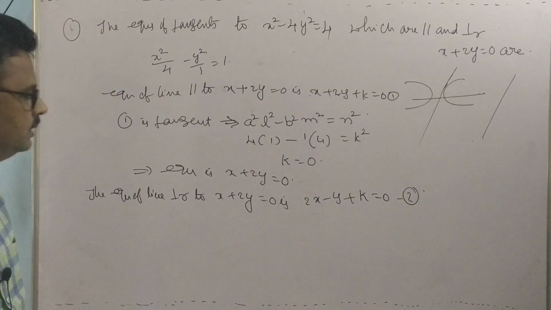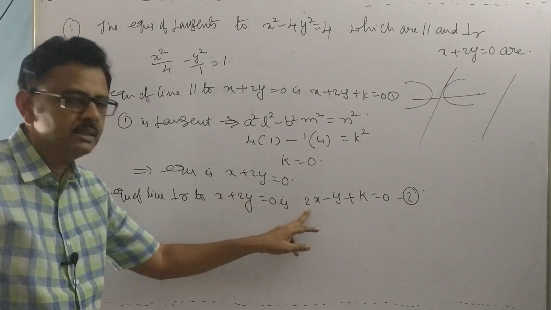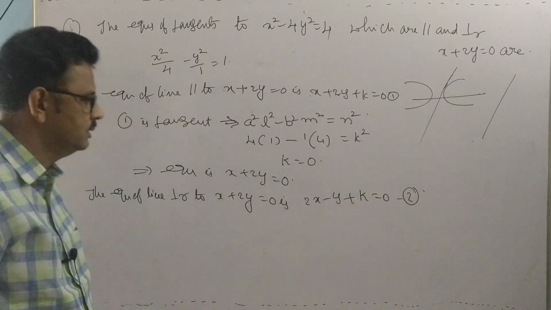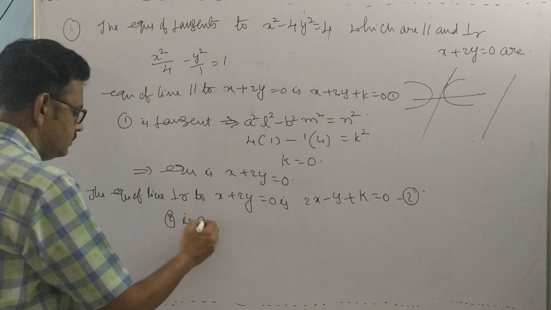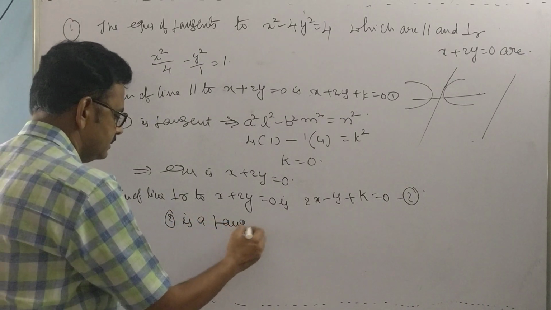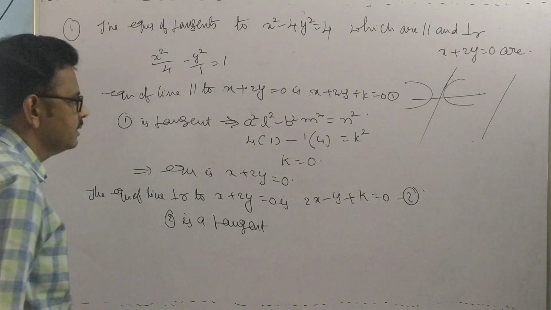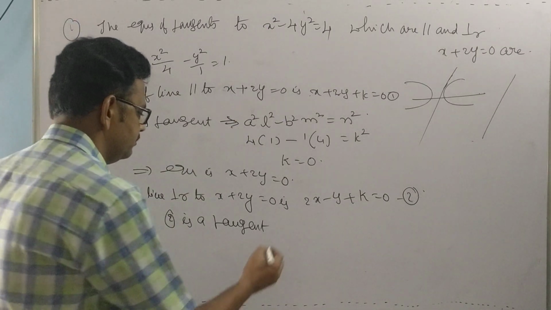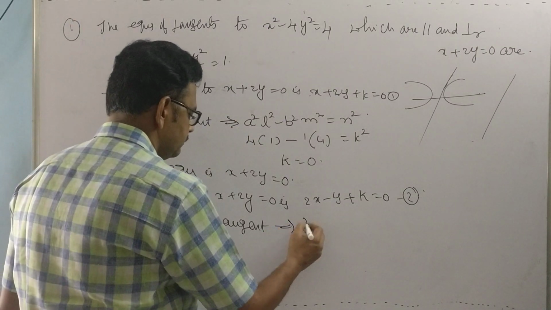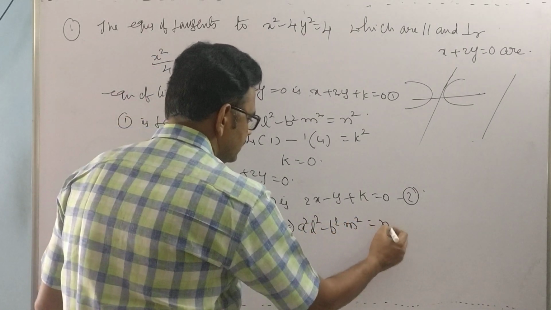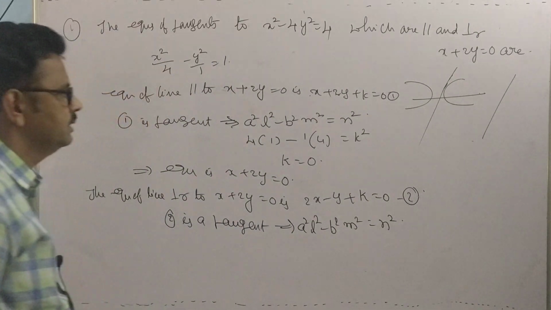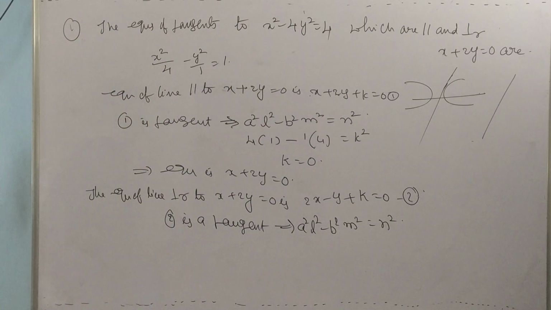Call it 2. Since 2 is a tangent, again the condition for tangent is the same: a square l square minus b square m square is equal to n square. The condition.